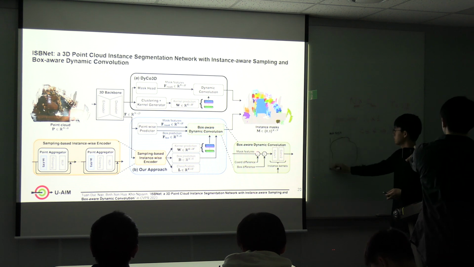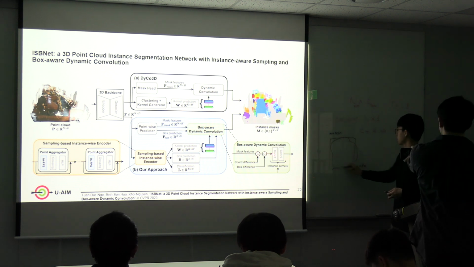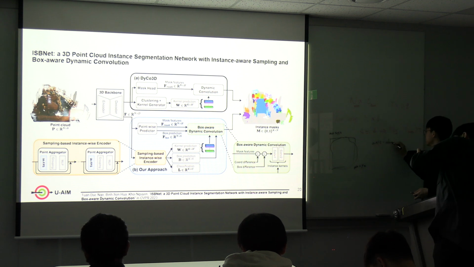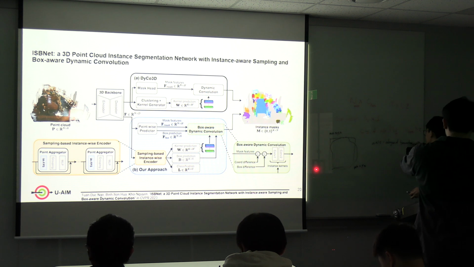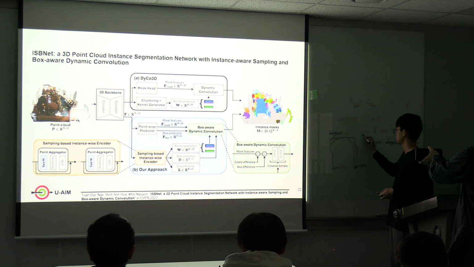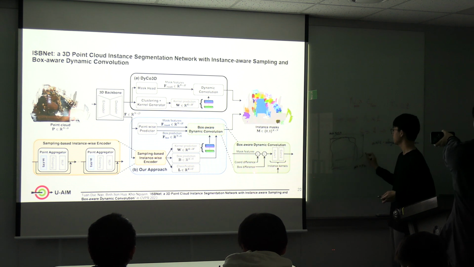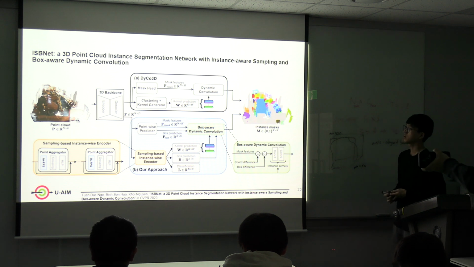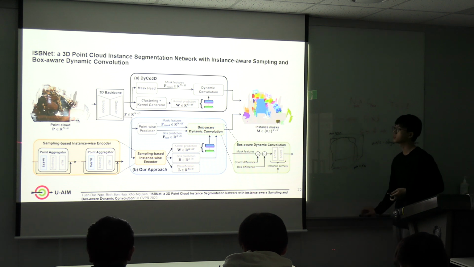You can get the axis-aligned bounding box for each instance. So you can use this as additional data for training the instance segmentation.